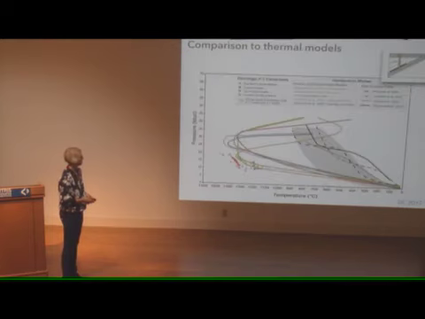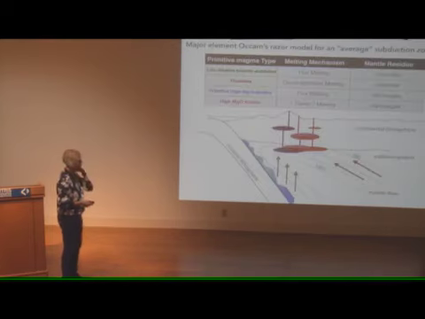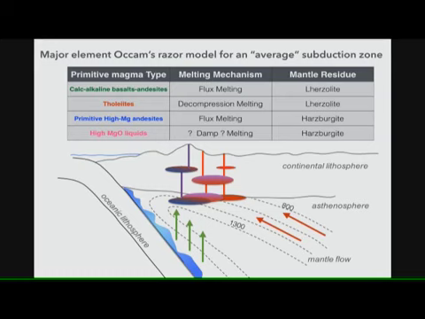And I'm going to skip this and just finish up in the interest of having time for questions. So in a simple sort of Occam's razor view, a major element view, we can explain a lot of the geochemical diversity of these primitive rocks that we see erupted at arcs by wet melting of the mantle and dry melting of the mantle, and of different residue compositions.